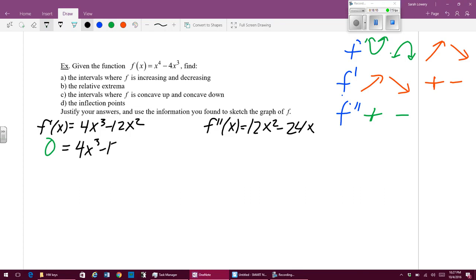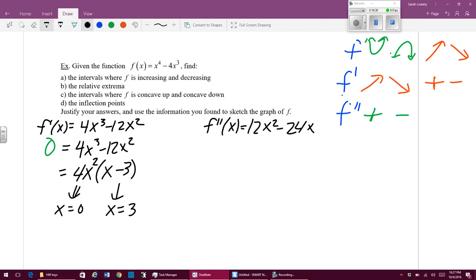Okay? I'm going to set my first derivative equal to 0. 4x cubed minus 12x squared. And we're going to find our critical points. I'm going to take out a 4x squared, leaving me with x minus 3, giving me the following critical points. I have a critical point at x equals 0, and I have a critical point at x equals 3.